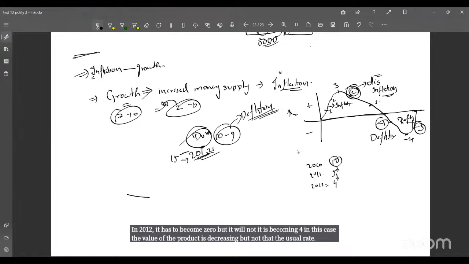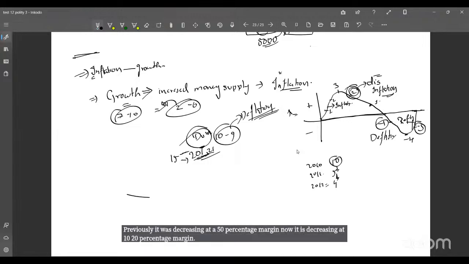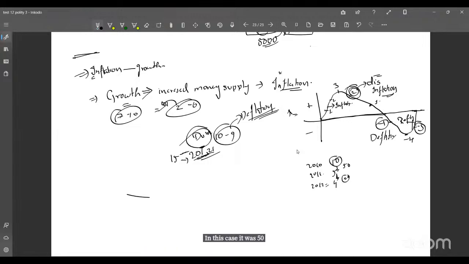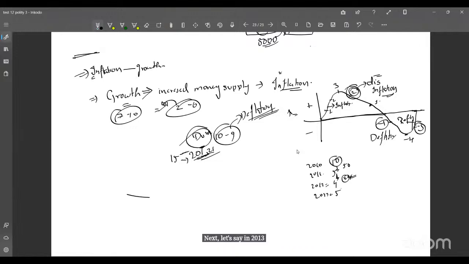Previously, it was decreasing at a 50% margin. Now it is decreasing at a 20% margin. Here it is still reducing. It has not yet started to increase. So this is where I call it reflation. Next, let's say in 2013, it has become 5 rupees. In this case, I call it inflation.